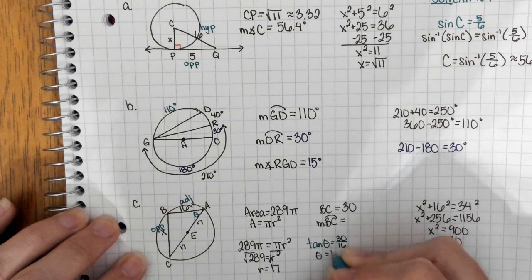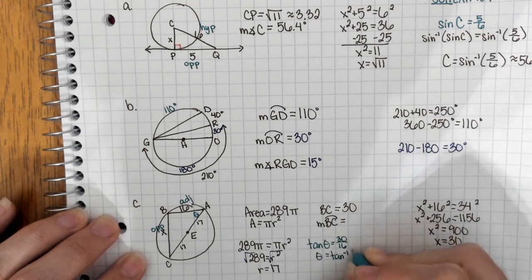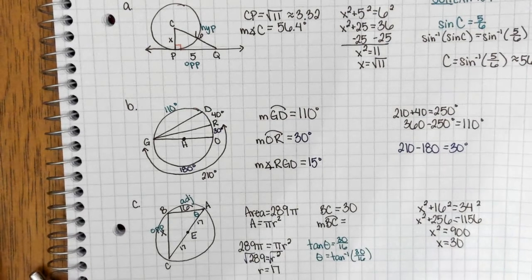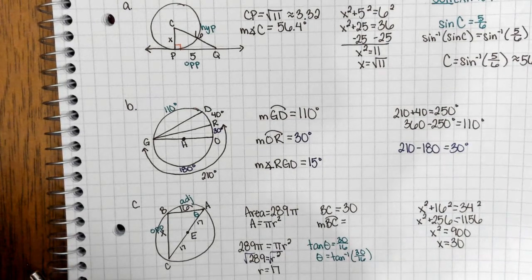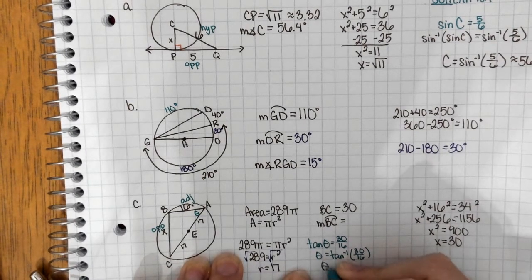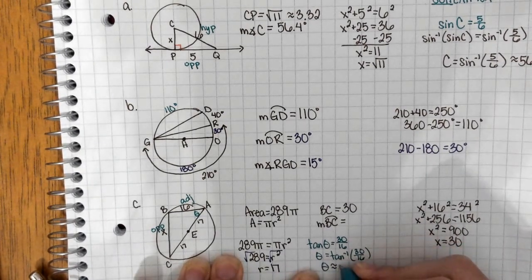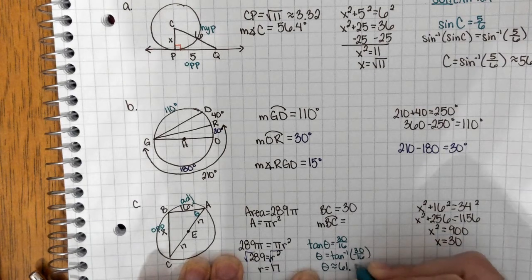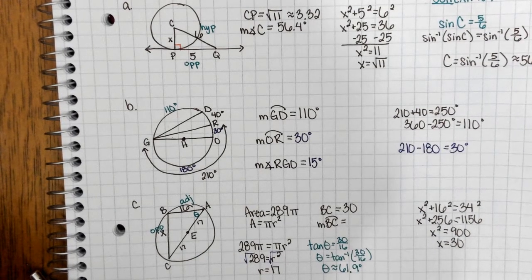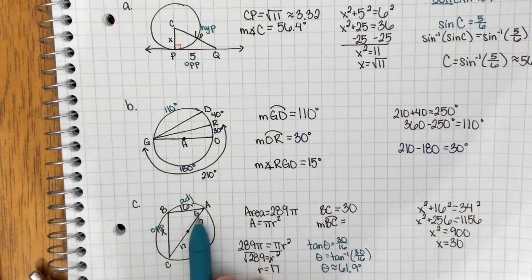So theta equals tangent inverse of 30 over 16, which gives us approximately 61.9 degrees. That's angle A inside of the triangle.